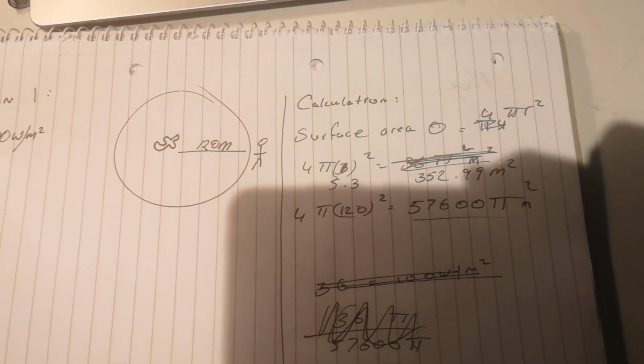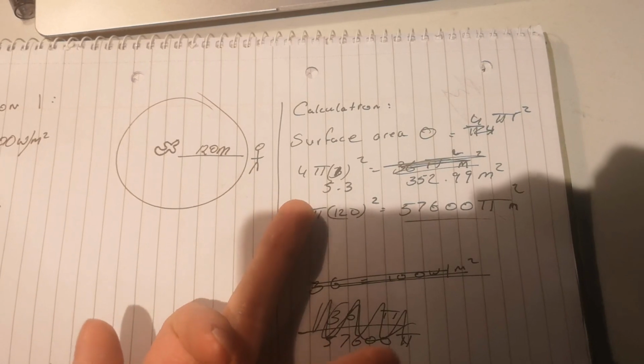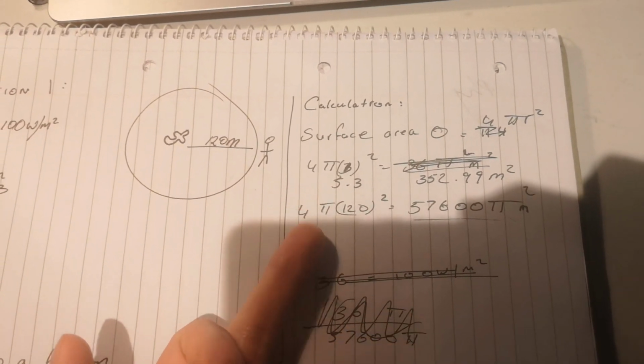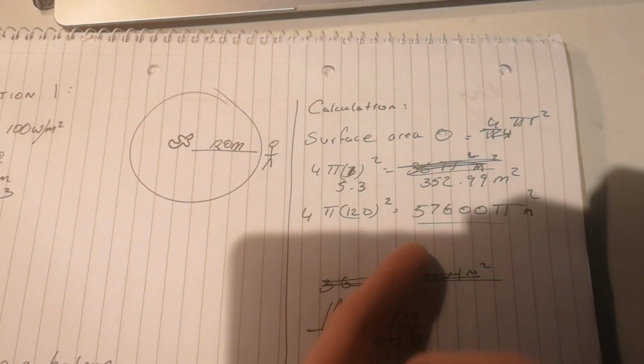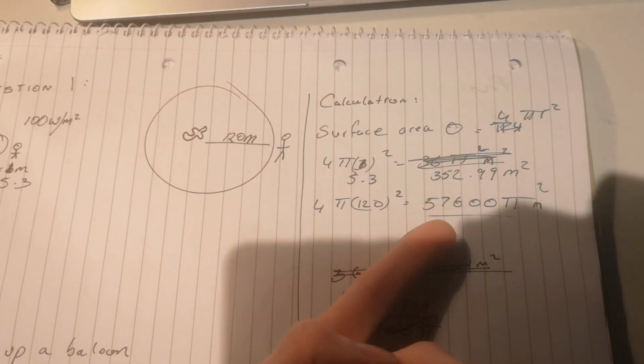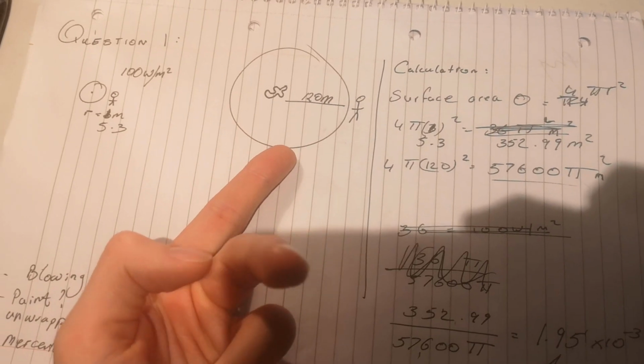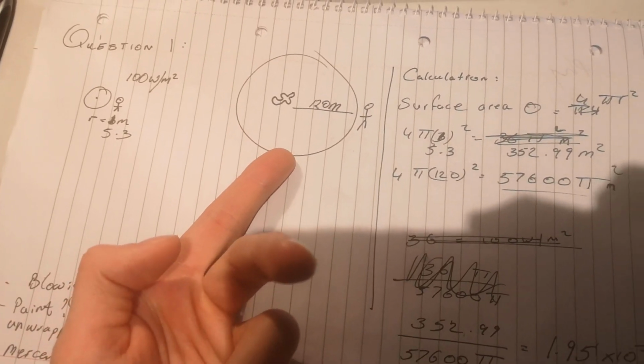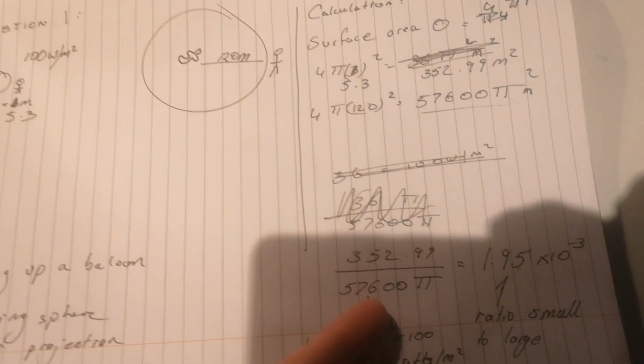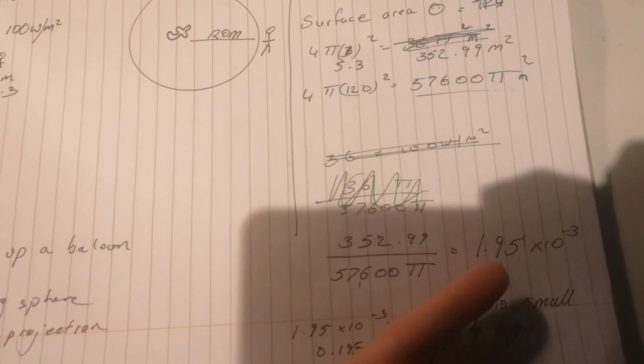The way I did that was I simply put the radius into the area of a sphere formula for both of these. I got two values. These are the surface area of a sphere for each case, the small sphere and the large sphere, and then I compared the two areas just by dividing, and I got this number.